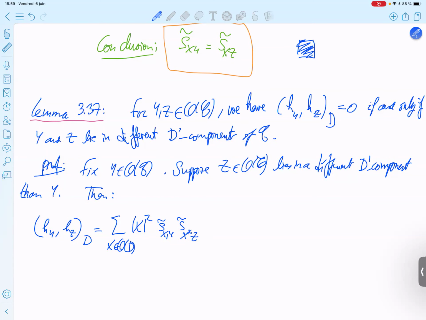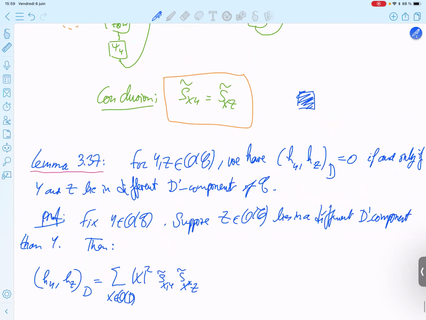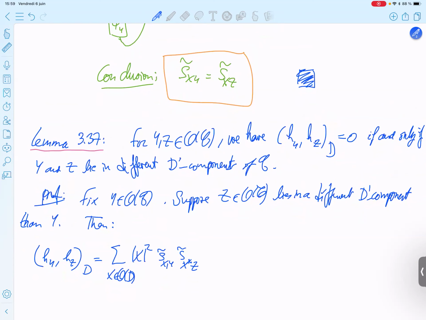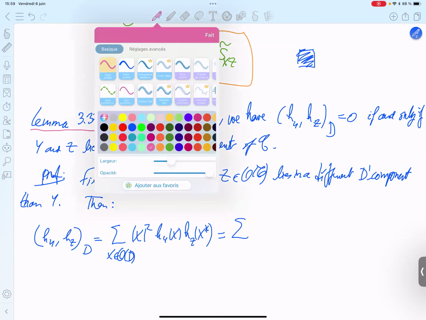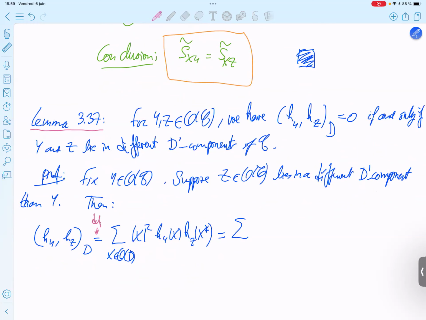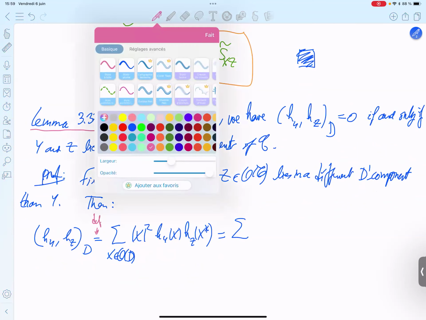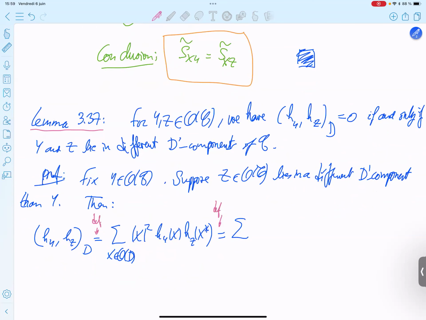So remember, or maybe let me write first this way. By definition, it is like that. So here is just the definition. Again, definition of the function.